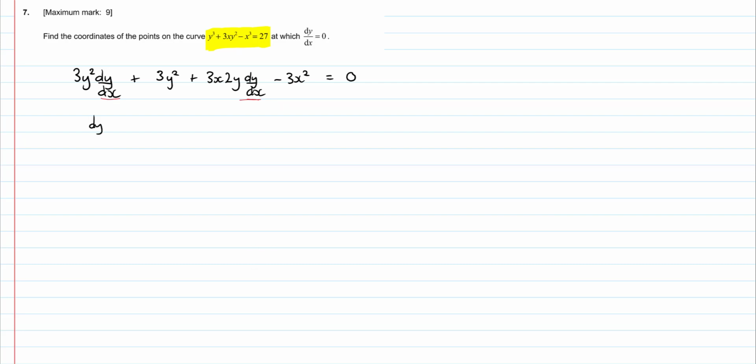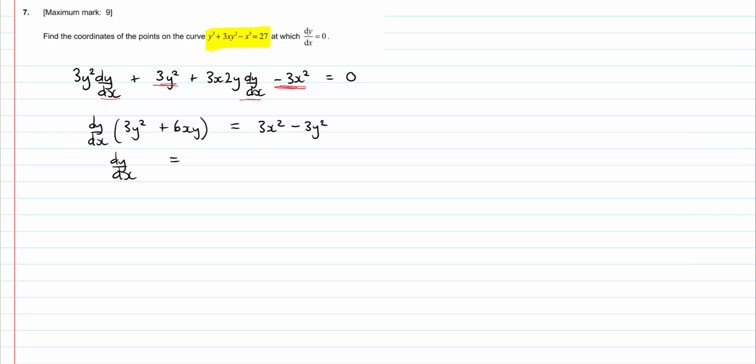So we have dy by dx times 3y squared plus 3x times 2y, which is just 6xy, and that is equal to, well, I'll take this negative 3x squared over to the other side, so we get 3x squared, and then I'll take this 3y squared over to the right hand side, so we get minus 3y squared. And now it's just a matter of rearranging and simplifying.